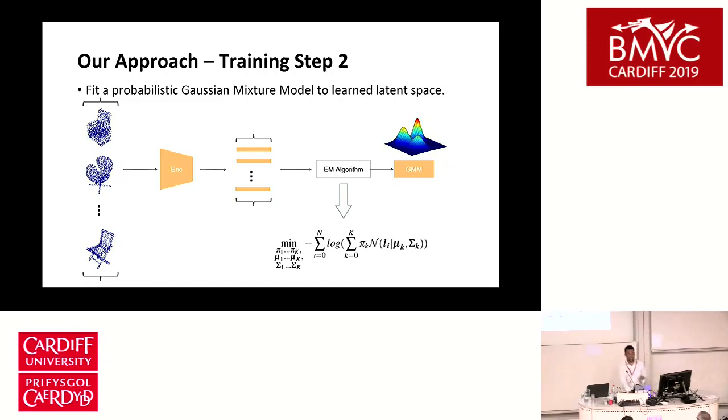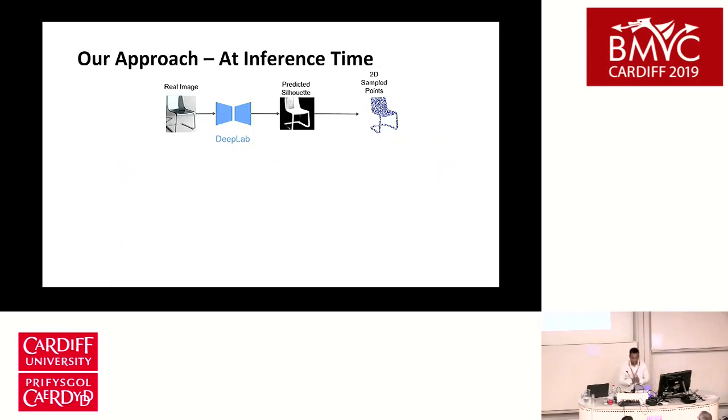And we use these prior probabilities the same way as traditional approaches use them at inference time, in the following way. Imagine you have a real image. You use any off-the-shelf segmentation network of your choice. So we use here DeepLab to predict foreground-background segmentation of our object of interest, and we sample some 2D points on it.